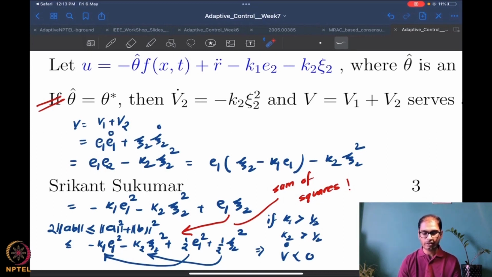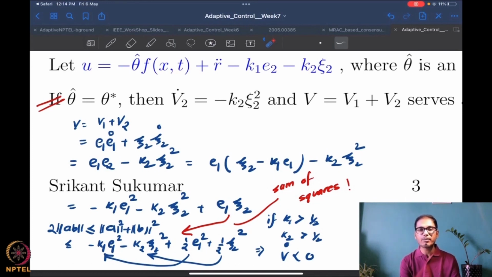This is just using the fact that a minus b whole square is greater than or equal to zero. But we also use things like the Cauchy-Schwarz inequality that we saw some time ago, the triangle inequality, and things like that. So all these inequalities come into play when we are using the sum of squares method.